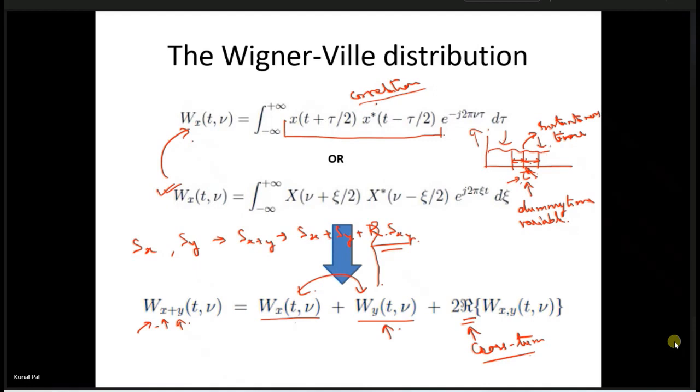Fallacy means in one instance you are saying that we are interested in an instantaneous time. That means at a particular time what is happening, you are interested in that. On the other hand, you are taking the correlation factor in the negative half and the positive half across the tau.